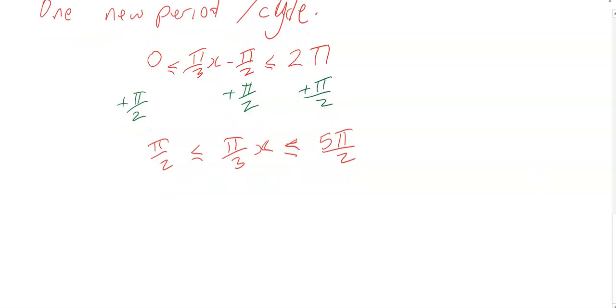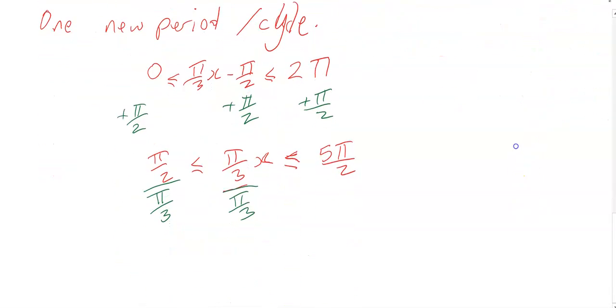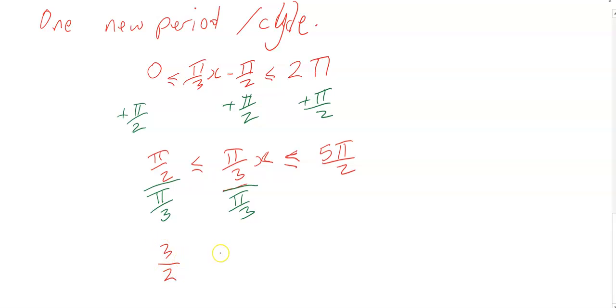And then we want to divide through by pi over 3. Again, what we're left with here is your phase shift, which is 3 over 2, less than or equal to x.